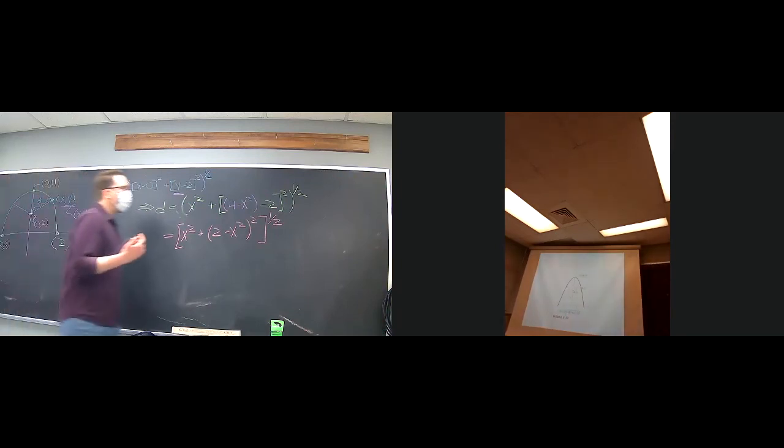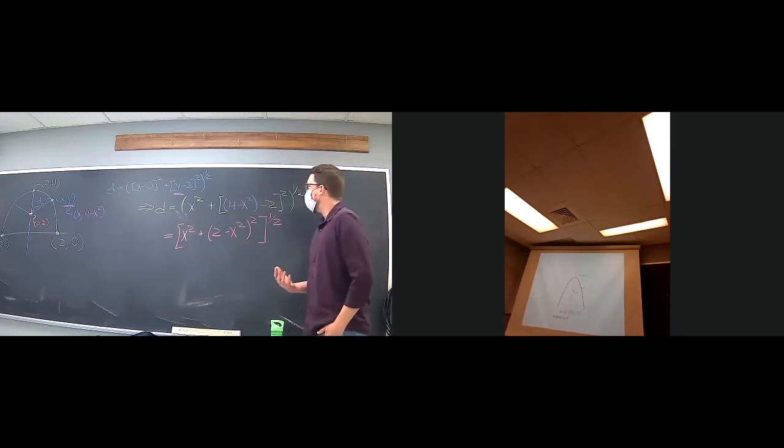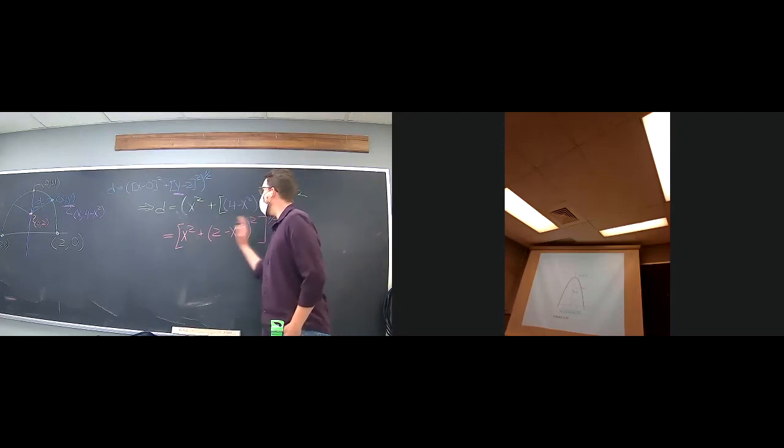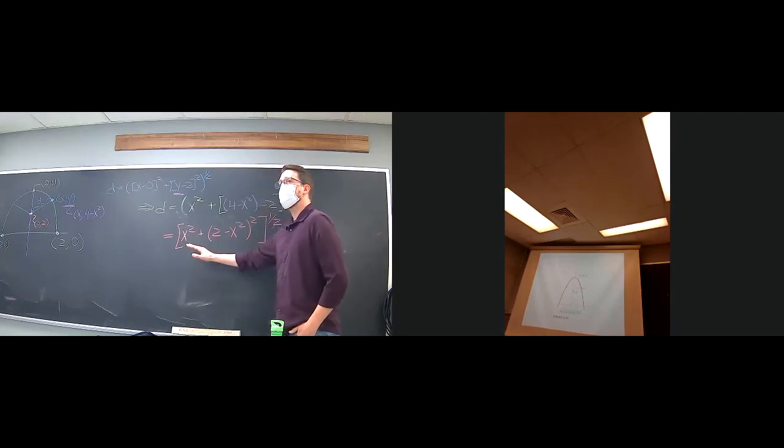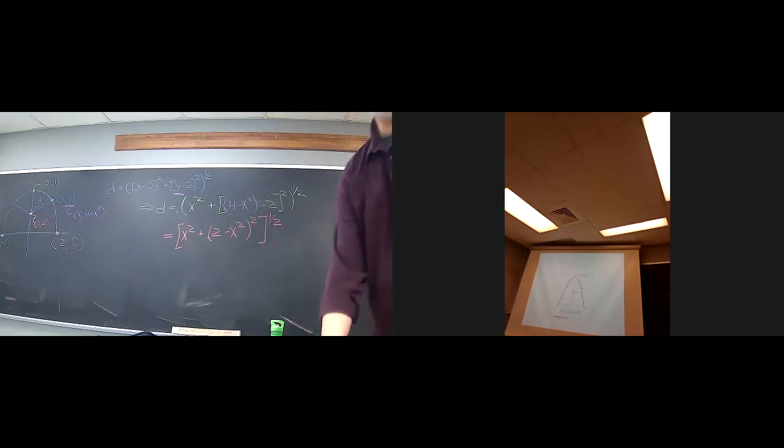Because we're trying to minimize the distance, and whatever is underneath here can't be negative because the distance has to be a real number, right? So let me show what I'm trying to say.